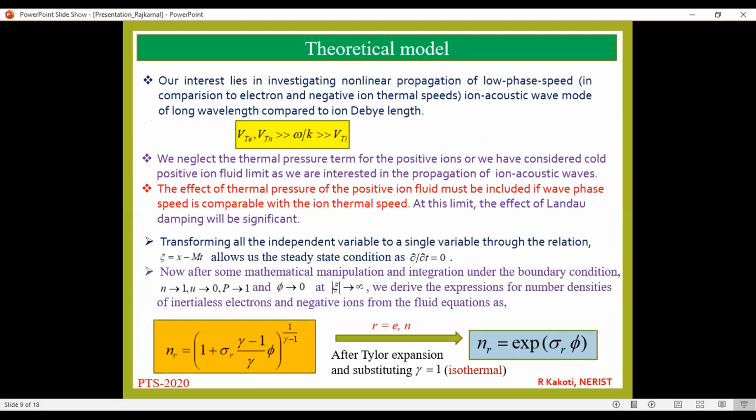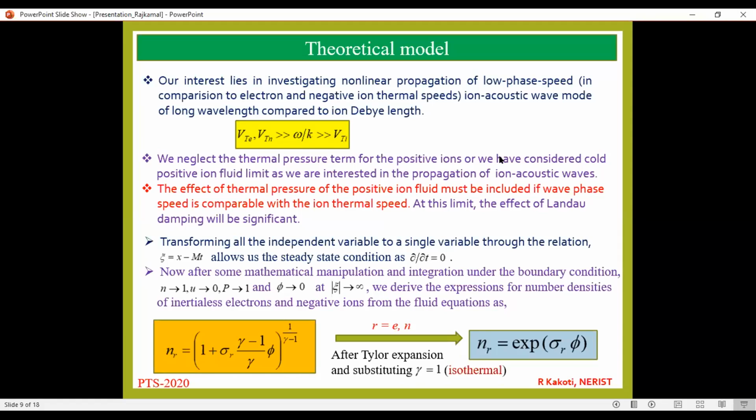Now we are interested in investigating the nonlinear propagation of low phase speed ion-acoustic waves in the long wavelength regime as compared to the ion Debye length. This is the limit for velocities. The phase velocity is very much less than the thermal velocities of electrons and negative ions, and very much greater than the thermal velocity of positive ions.